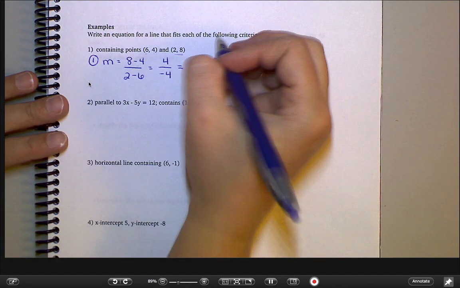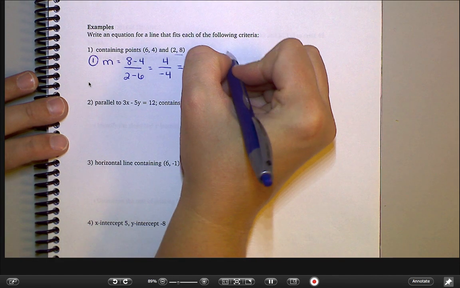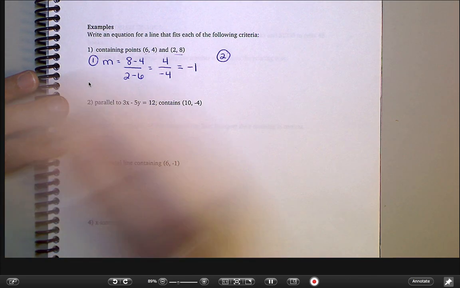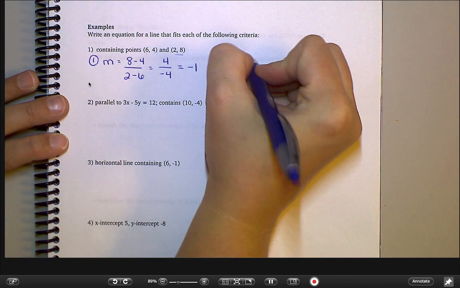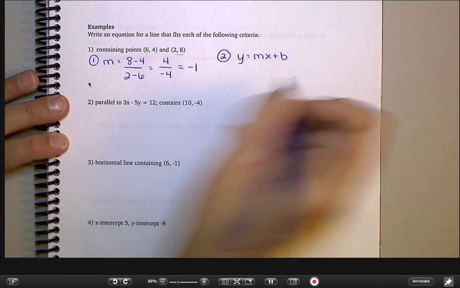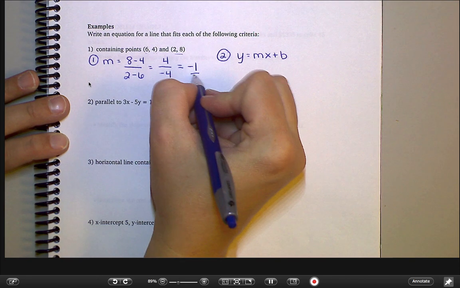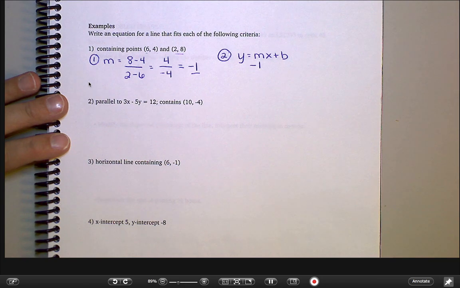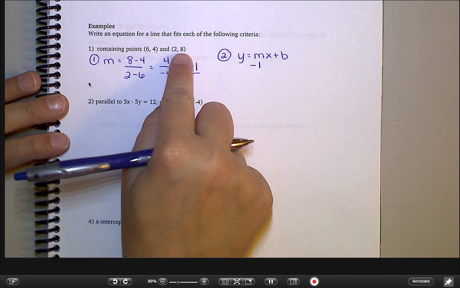Step 2 is the y-intercept. I'm not given my y-intercept here, so that means I have to find it. So I'm going to say y equals mx plus b. I'm going to plug this negative 1 in for my slope. And then for x and y, I just need to pick one of these 2 coordinates.